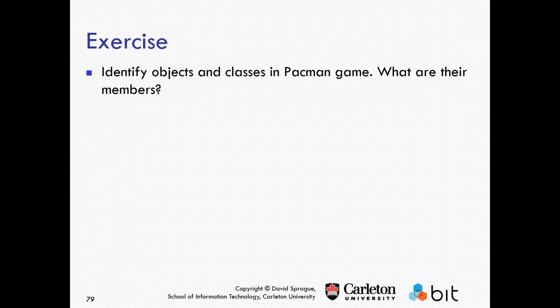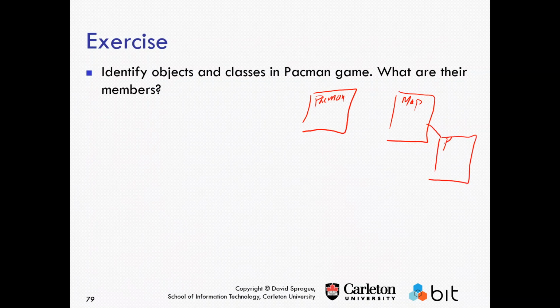Try thinking about that for a second. Maybe doodle up something, like your Pac-Man. It needs to know about the map. The map may have the power pellets or pellets, lots of those.